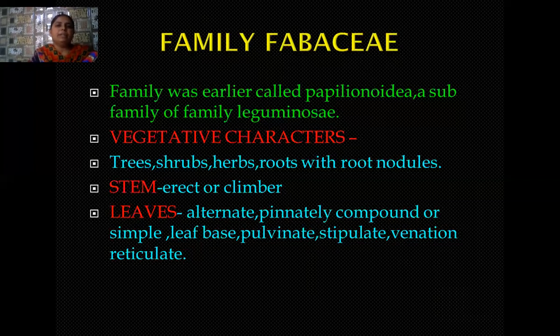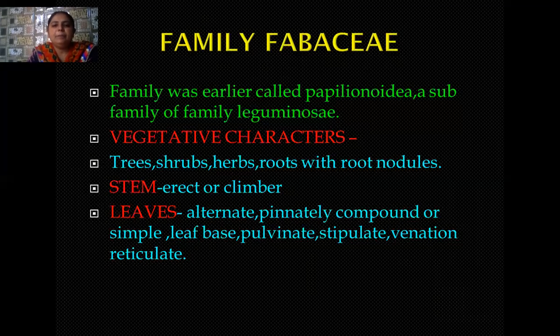The leaves are alternate. That is, one leaf is present at the lower position, then the other leaf is present slightly above the other position. All right. So you know the term alternate very well. Pinnate compound leaves are there, and sometimes leaves may be simple leaves.